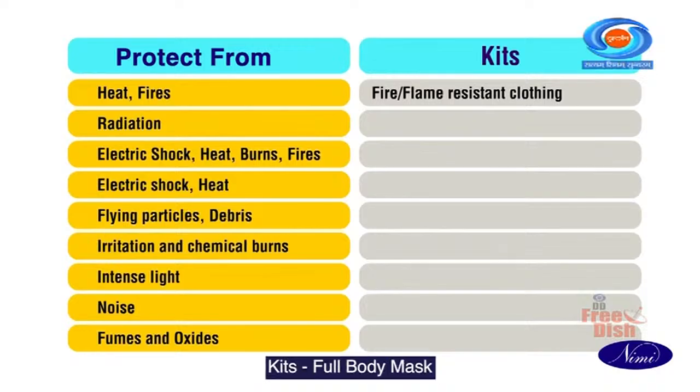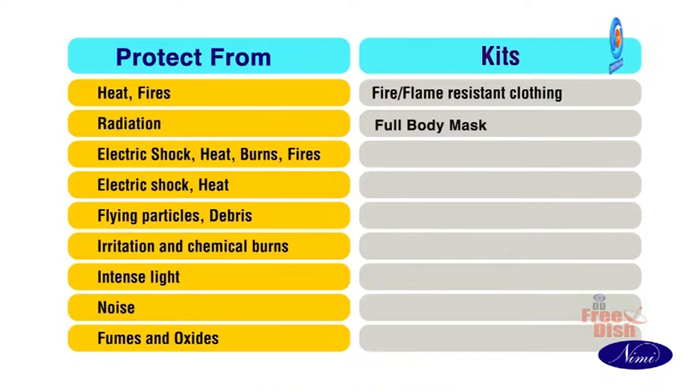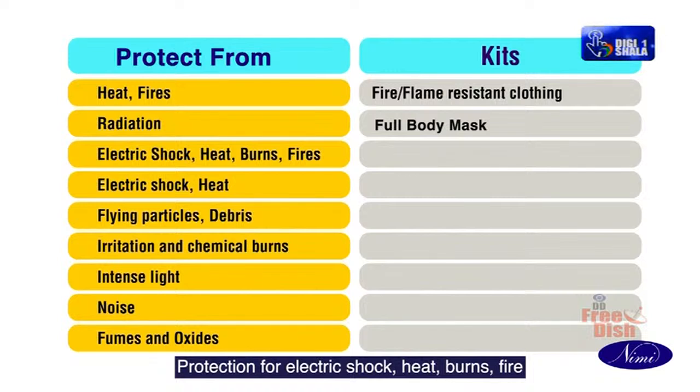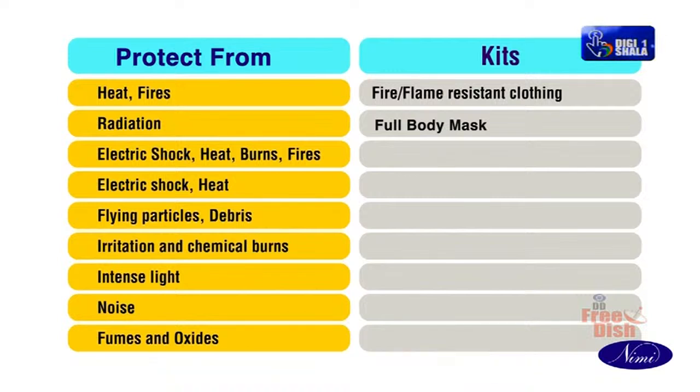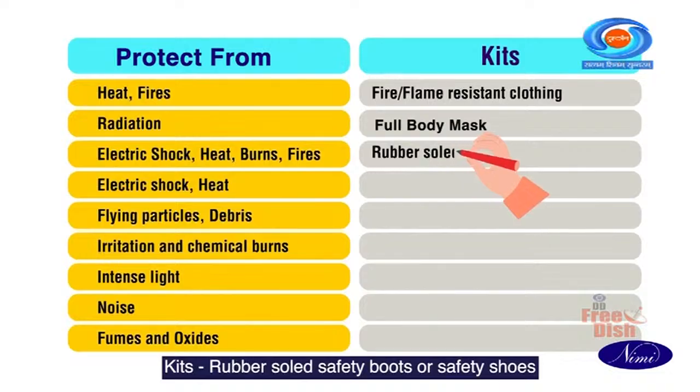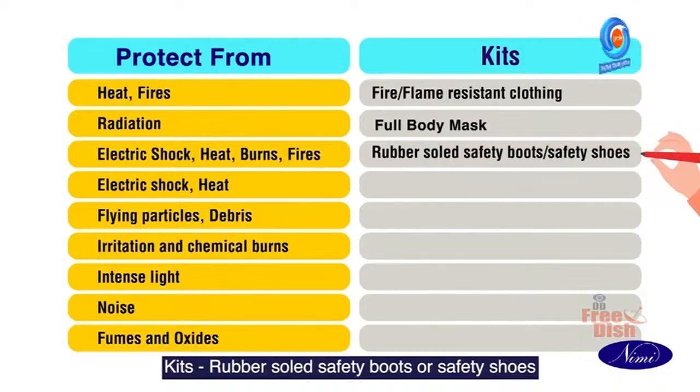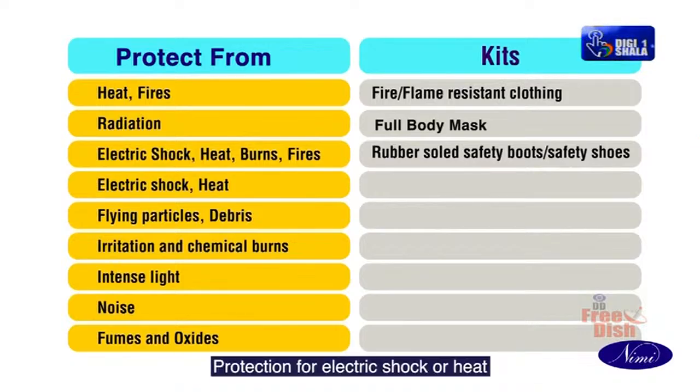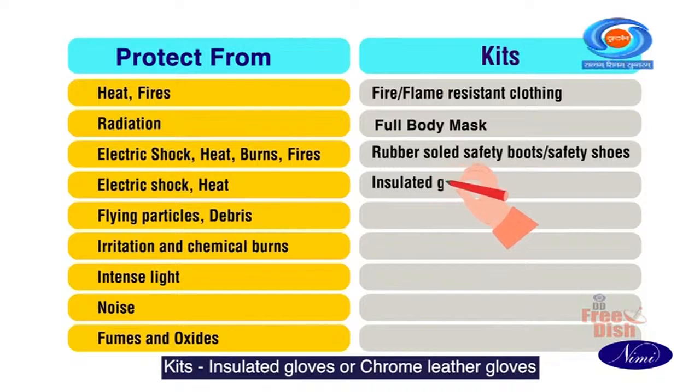Aprons. To protect from electric shock, heat, burns, fire: rubber-soled safety boots or safety shoes. To protect from electric shock or heat: insulated gloves or chrome leather gloves.